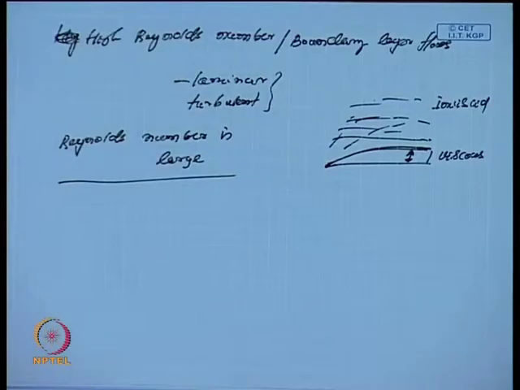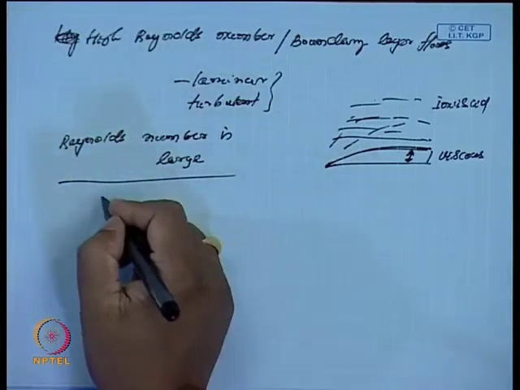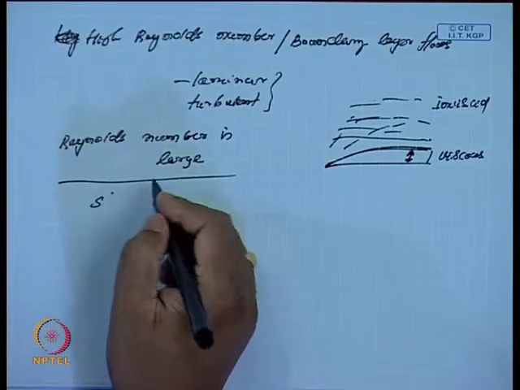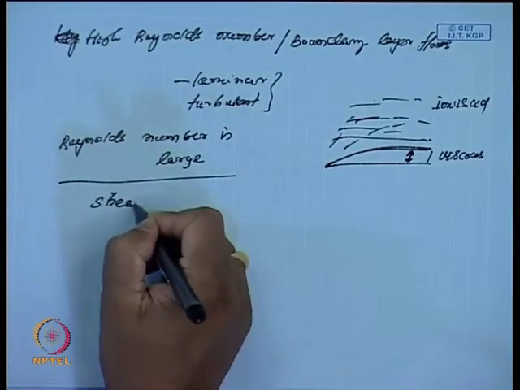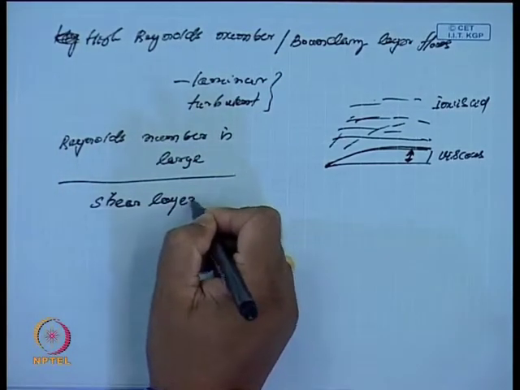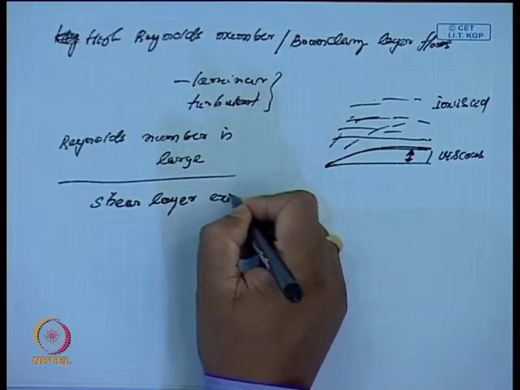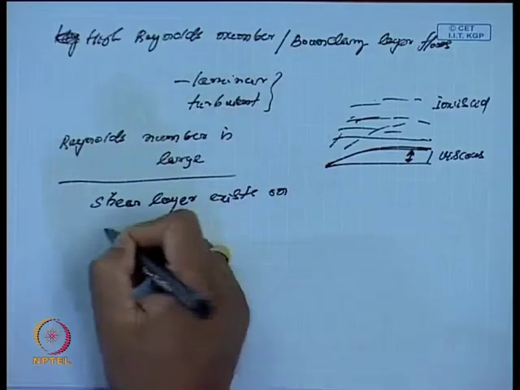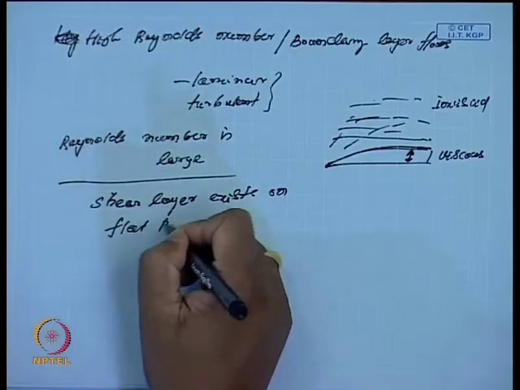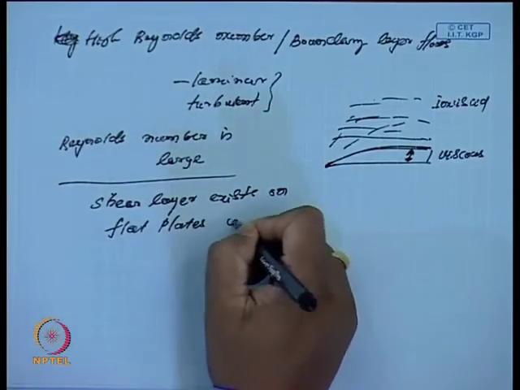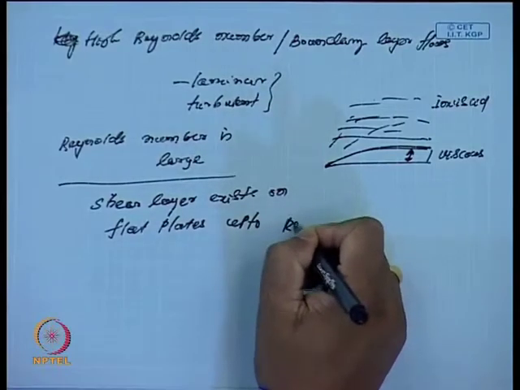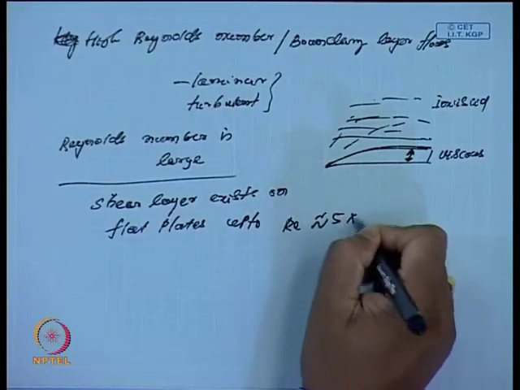Particularly if you look at the flow past a plate, for example, the shear layer exists on a flat plate up to a Reynolds number of 5 times 10 to the power 5.